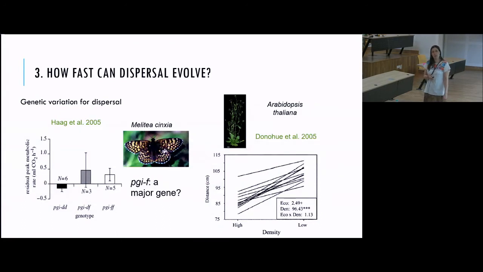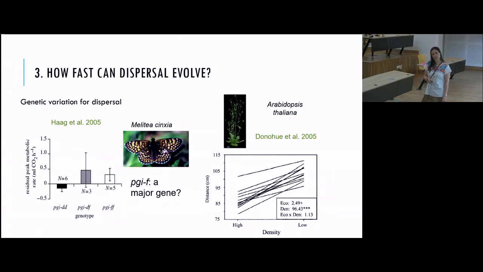These examples I wanted to show you: again, in Arabidopsis thaliana, recording average dispersal distance for different ecotypes of the species. They found a lot of variation among ecotypes.